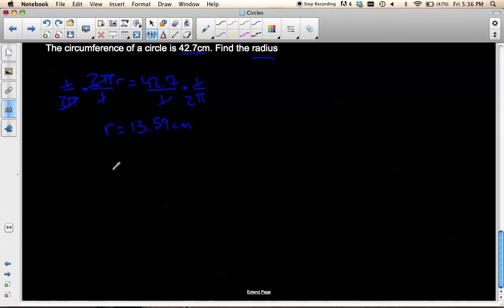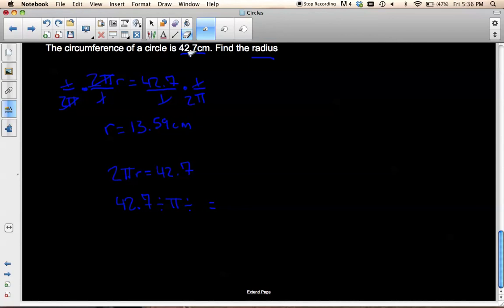We can also do it the other way, like we just said. 2 times pi times the radius will give me 42.7. So working backwards, I can go 42.7 divided by pi, and then divided by 2, not by the radius.